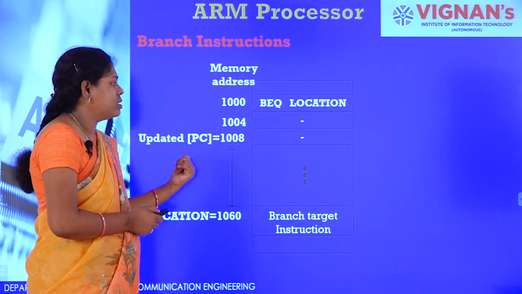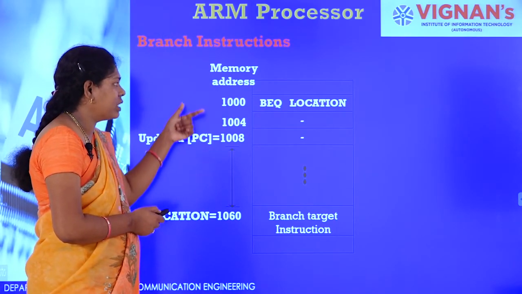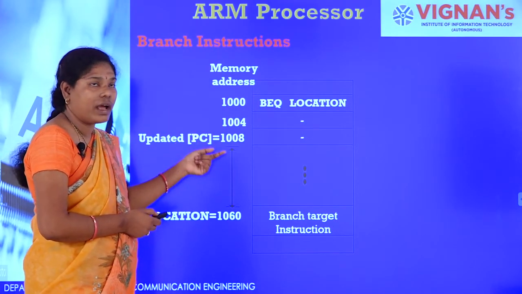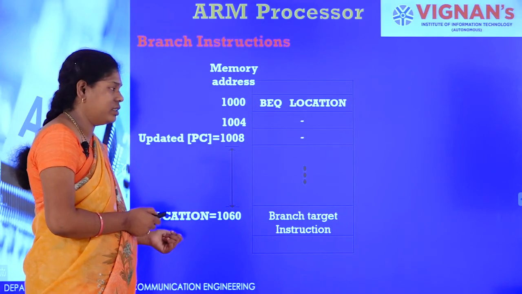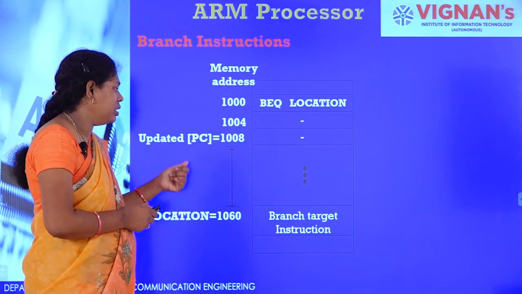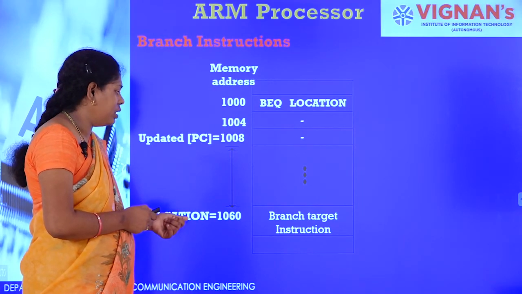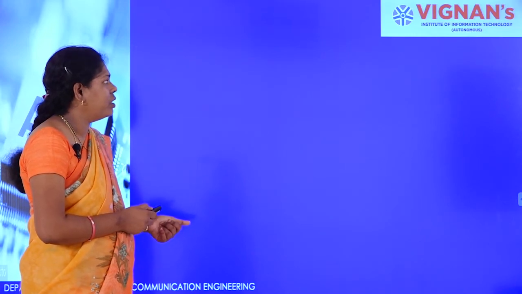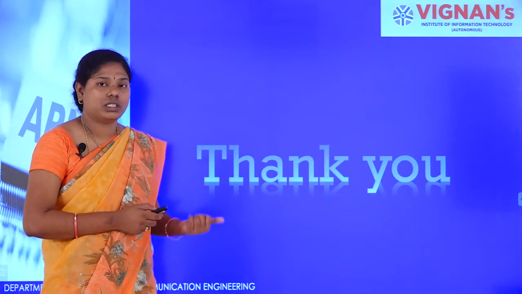Now if the condition is satisfied, the program counter has to be updated with the new address location specified by the instruction, that is 1060, by adding an offset of 52. Okay, and the program counter will be updated accordingly.